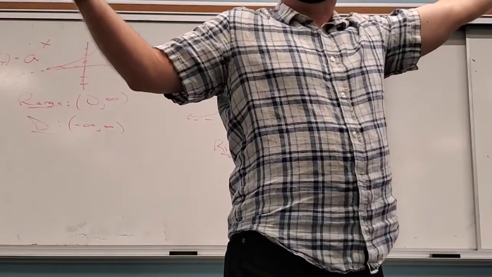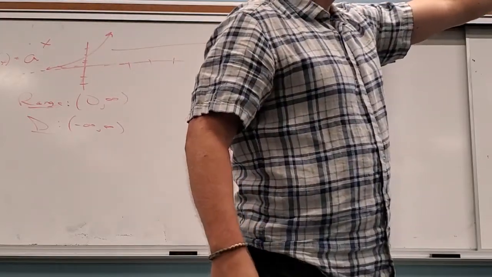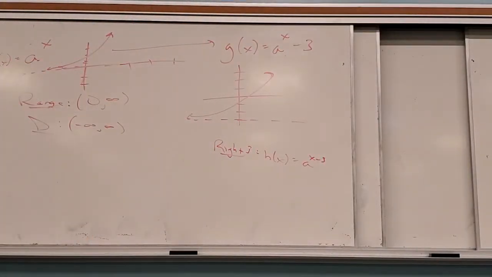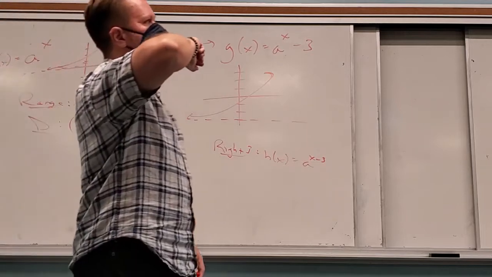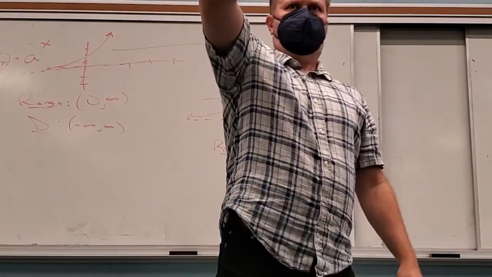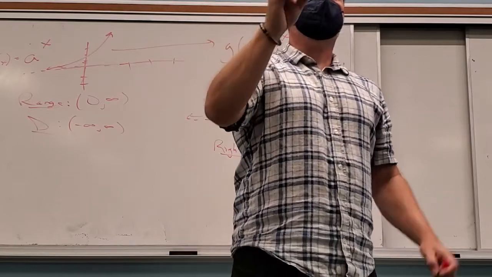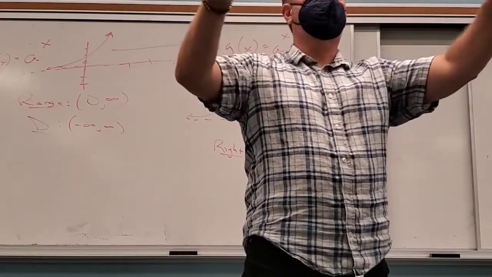That doesn't do anything to the range. Where does the asymptote go for 4b? Yeah, it goes up 2. So what's the range going to be now for 4b? From 2 to infinity.